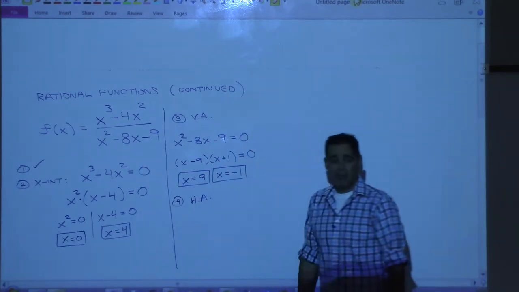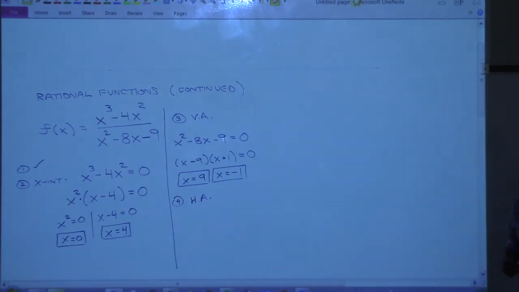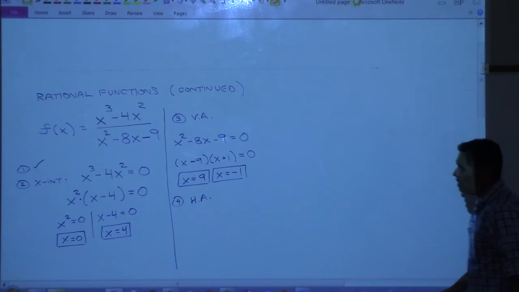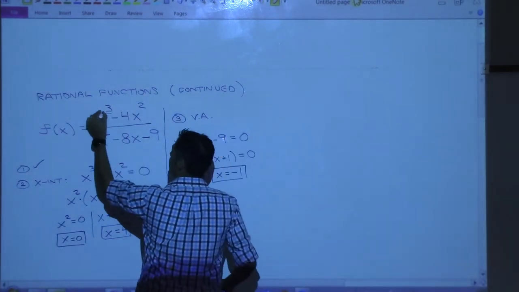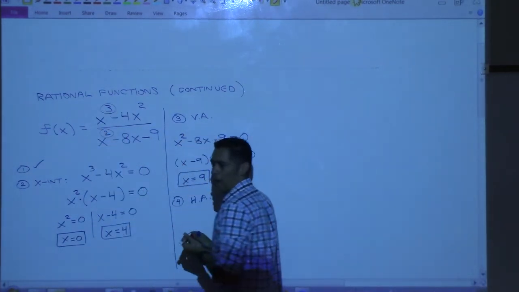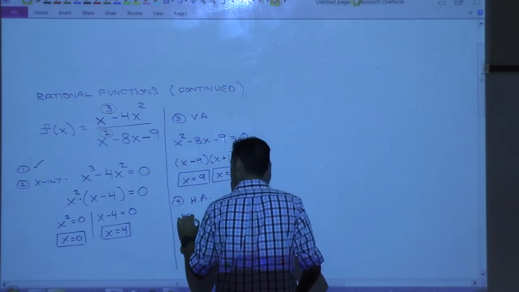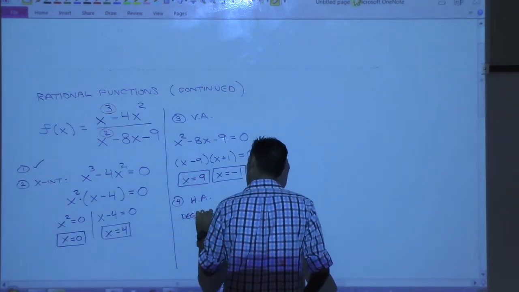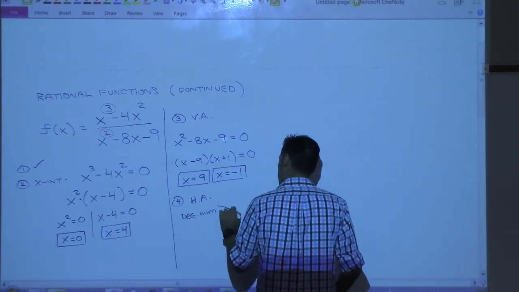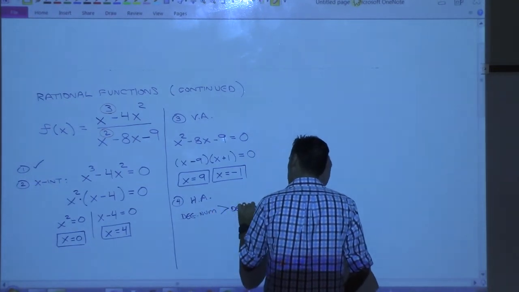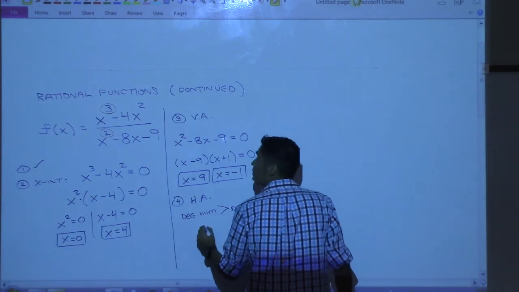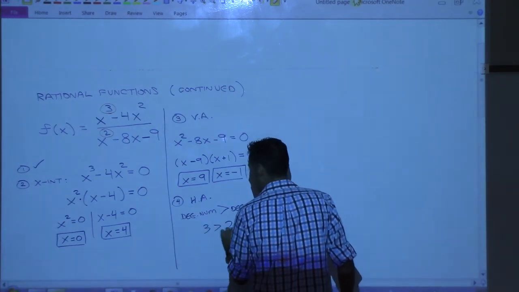We have not talked about this case. This is the only case left, and that is when the degree of the numerator is bigger than the degree of the denominator. In other words, 3 is bigger than 2.